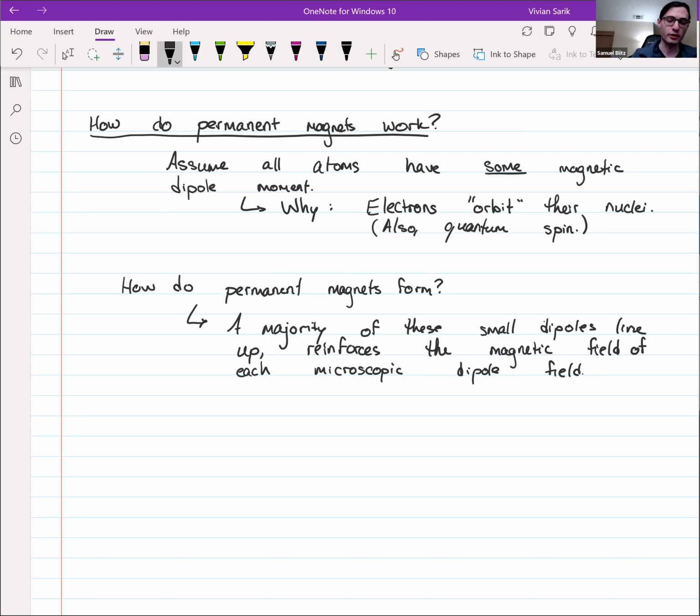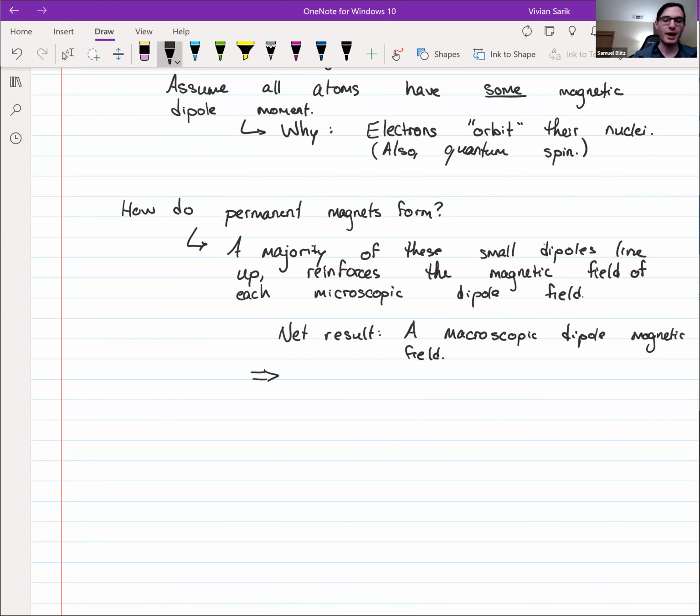So the net result here is that you get a macroscopic, i.e. visible on the human level, dipole magnetic field. What that amounts to is that permanent magnets just behave like dipoles with whatever corresponding forces you have.